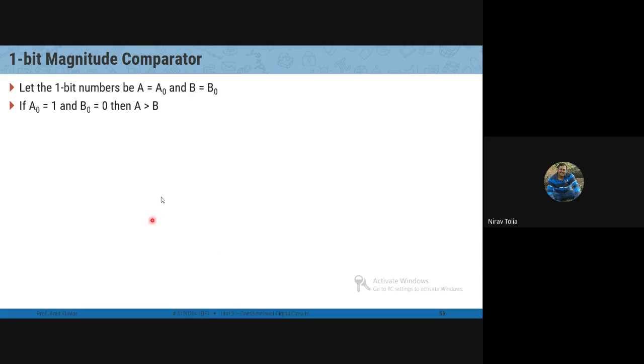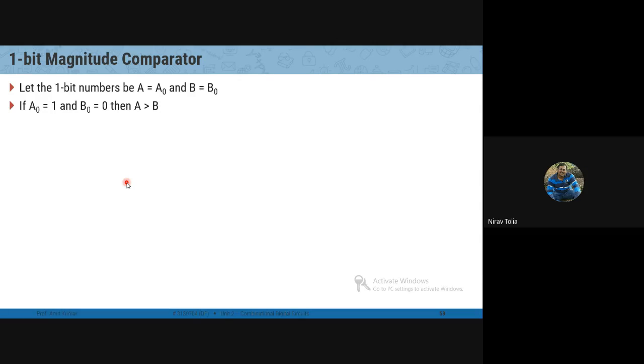And again, all these combinational circuits work on the SOP function, sum of products, or you can say the min terms. So in a min term function, 1 means as it is and 0 means bar.